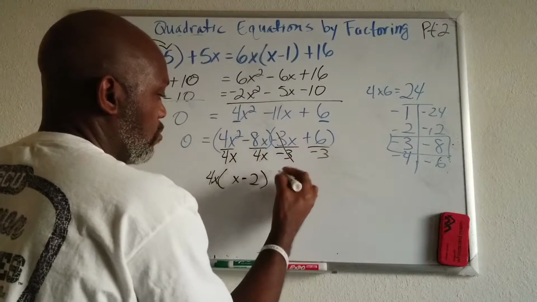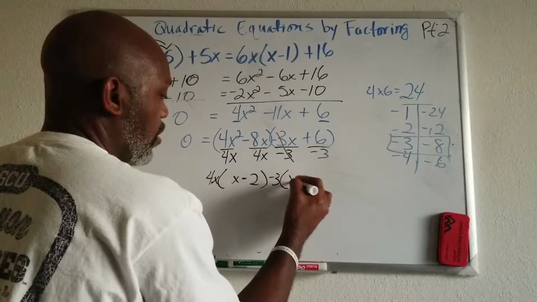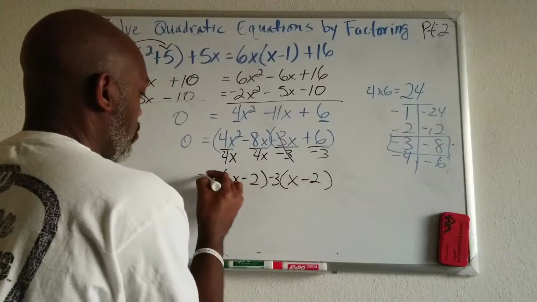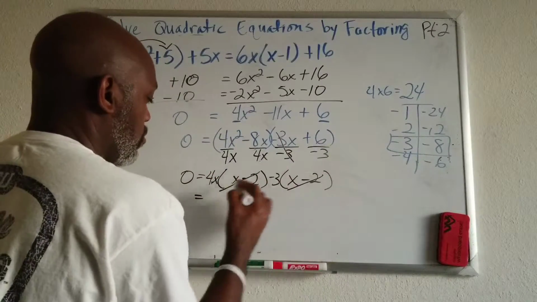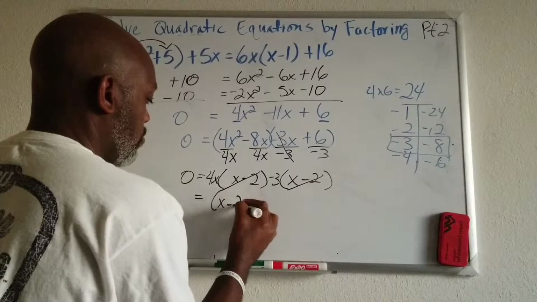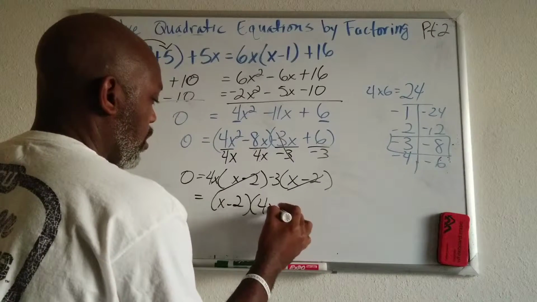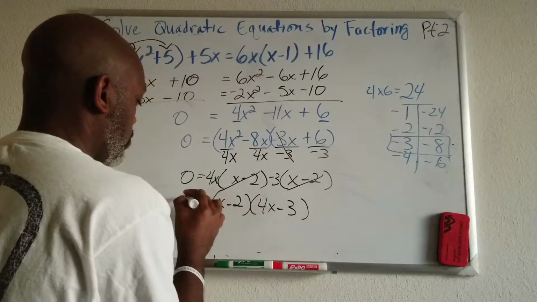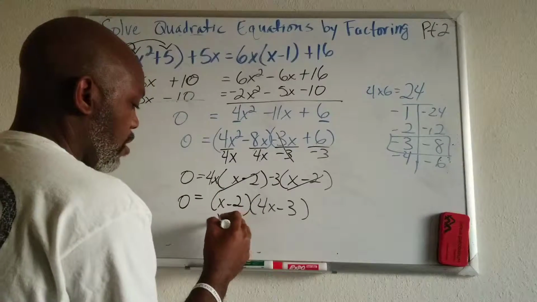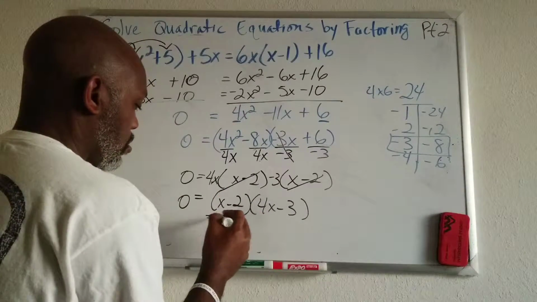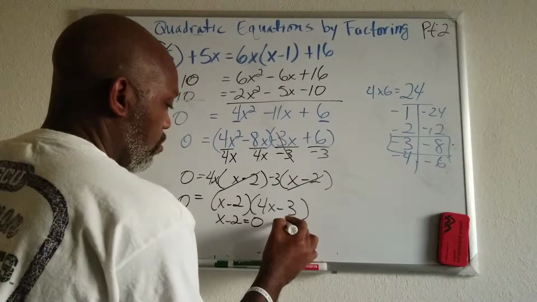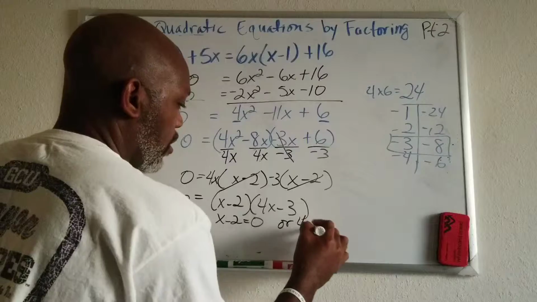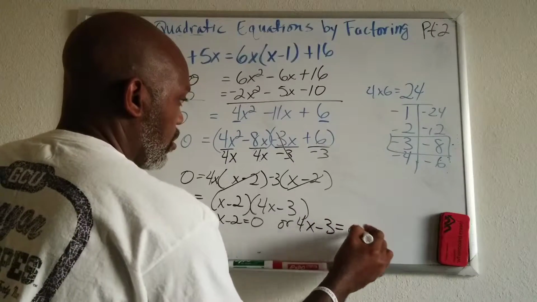All right, so that reduces out. That's negative 3. We're left with x minus 2 equals 0. So then we will factor the x minus 2 out and end up with 4x minus 3. And we have x minus 2 equals 0, or 4x minus 3 equals 0.